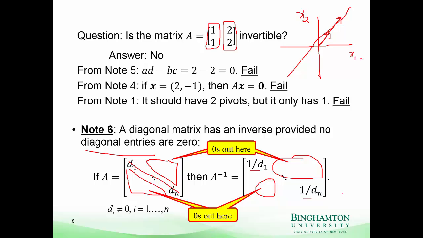We're trying to figure out what the numbers need to be, but we don't know what they are ahead of time. So we have to work our problems with variables, and then at the end figure out what those variables end up needing to be to meet certain conditions. So work this problem. Take this A times this A inverse and work it out with these arbitrary D1s through DNs and show that this does indeed work and gives you the identity matrix.